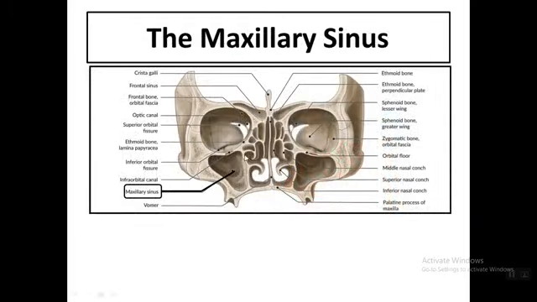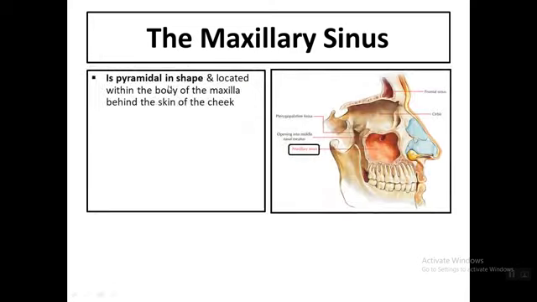First, the maxillary sinus, which is the largest one, is a pyramidal-shaped space that lies below the orbit, related to the lateral nasal wall. It lies within the body of the maxilla behind the skin of the cheek.